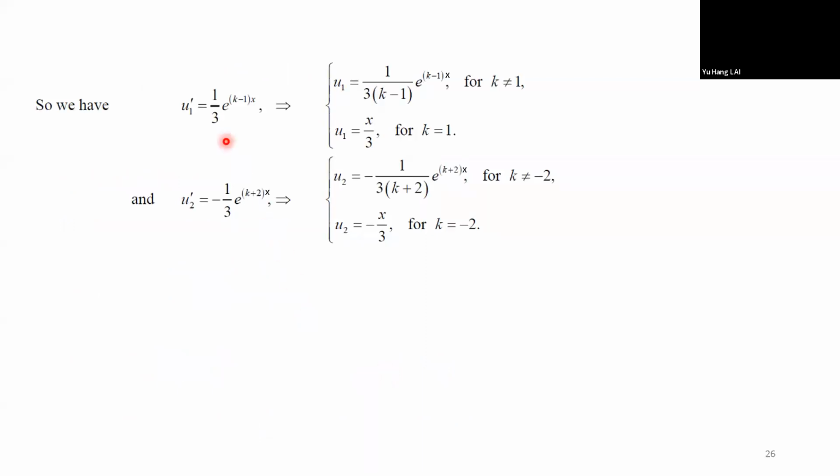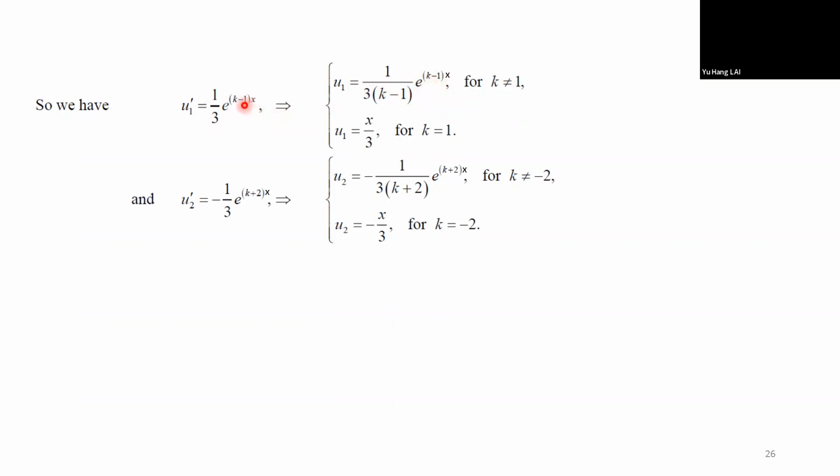So this U1 prime is basically just an exponential function, and of course, you know how to integrate it. But here you just need to be careful whether this k equals 1 or not. For k not 1, when you integrate, you get an exponential function.